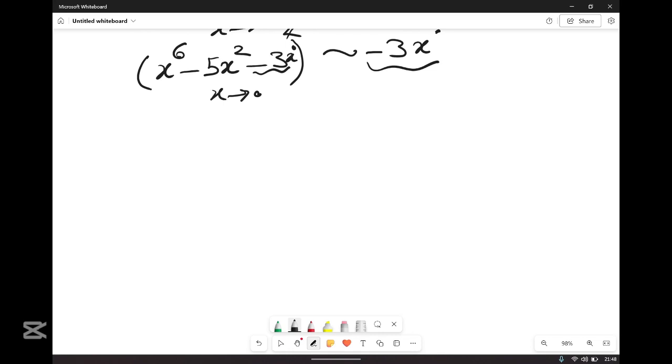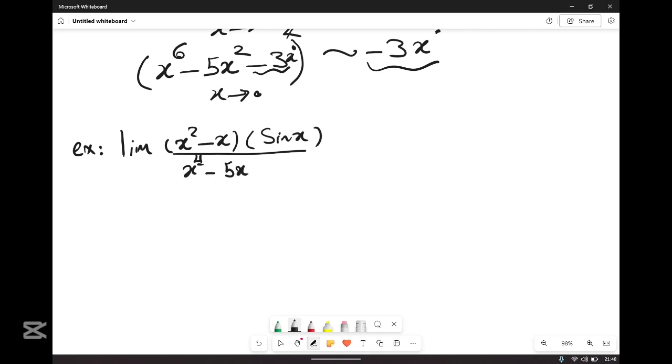Let's go to the last question and solve it with this notice. Example: limit of (x squared minus sine x) divided by (x power 4 minus 5x power 2 minus x power 6) when x goes to 0.